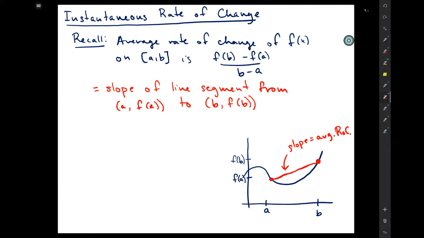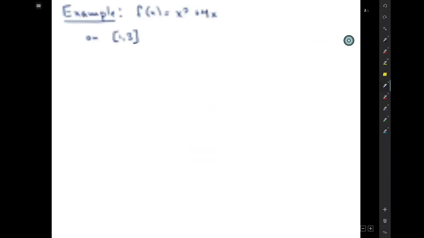All right, so let's look at what happens to the average rate of change on various intervals, and we're going to look at a particular function. So this is f of x equals x squared plus 4x, and we're going to look at the interval from 1 to 3. So here, if I want to look at the average rate of change of this function on this interval, I look at f of 3 minus f of 1 divided by 3 minus 1.